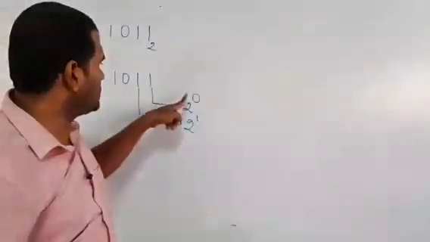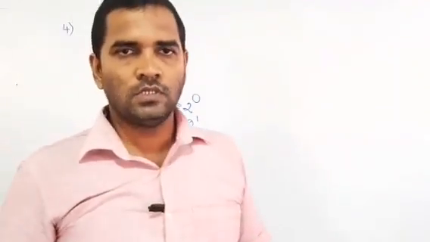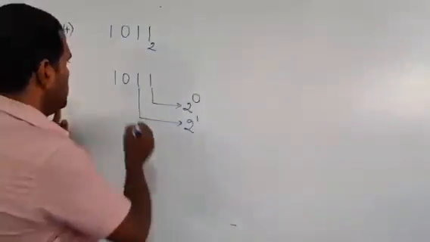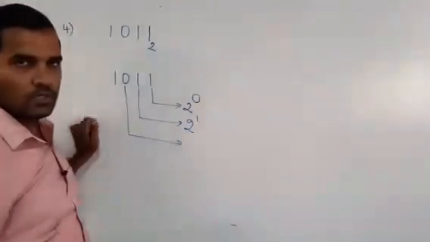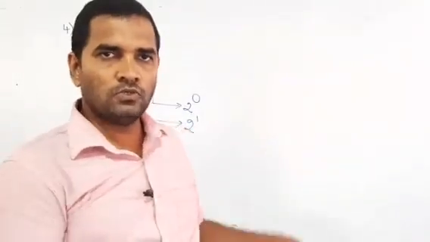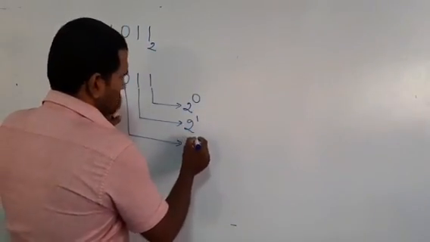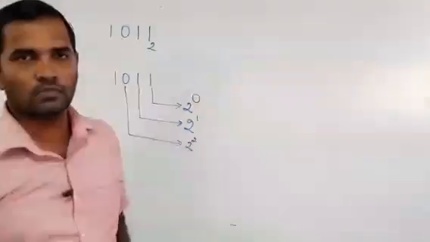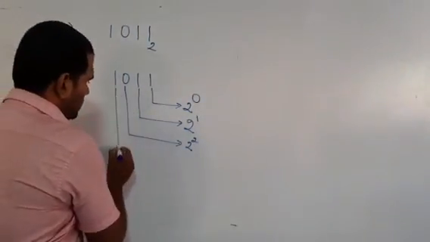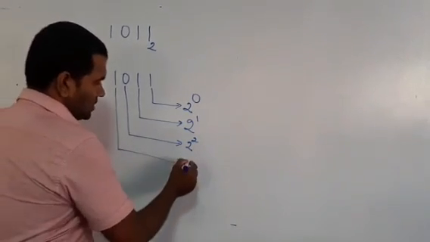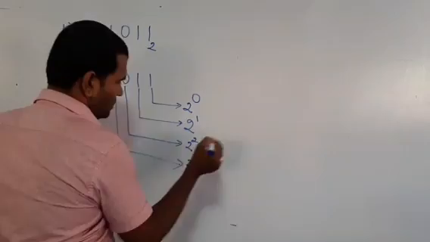Go to the third one. Now you can easily find out because you got the pattern. It must be 2 to the power 2. Finally, we have another one, which must be in the position of 2 to the power 3.